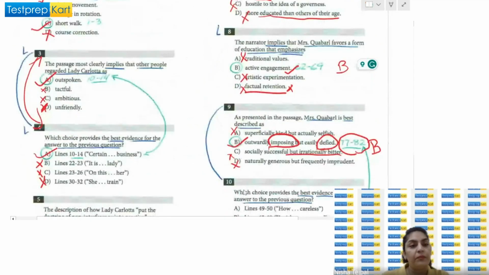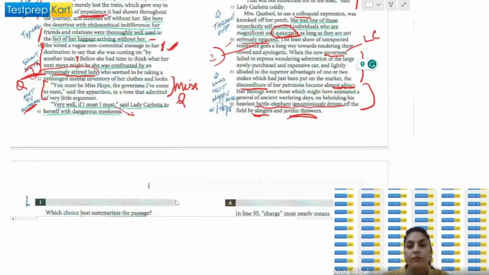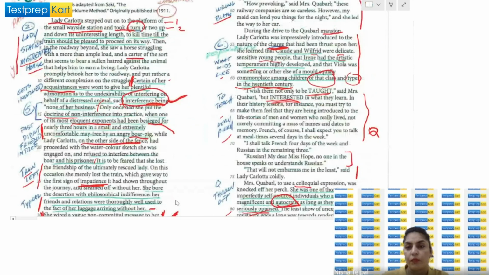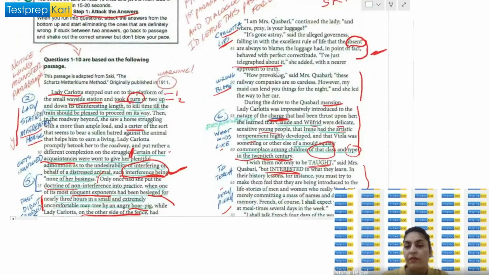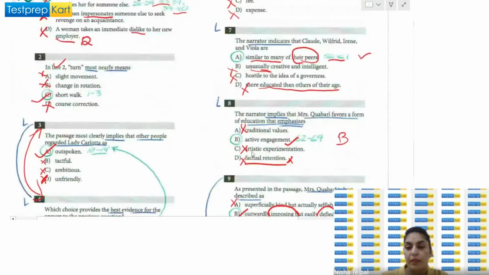49. We have here. I have just telegraphed about it. How provoking, said Miss Quabal. So this is not telling anything that she can easily be defied or disobeyed or that she is highly dominating. So how provoking doesn't explain that.